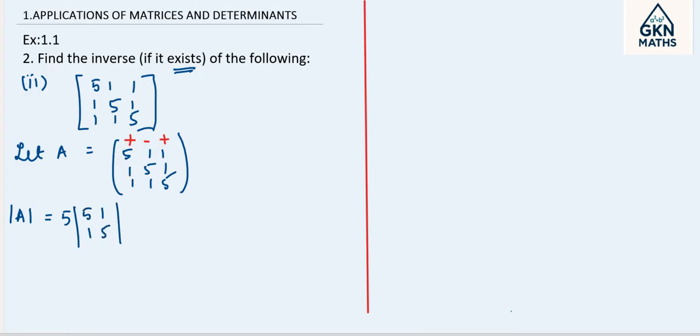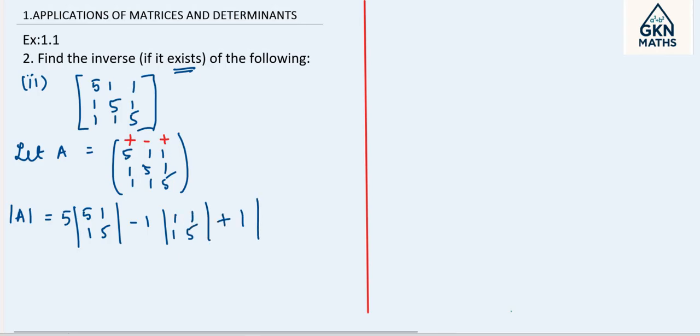Similarly, for the next element, we find the minor. So minus 1 into, deleting the second row and the second column, we get 1, 1, 1, 5, plus 1 into 1, 5, 1, 1.